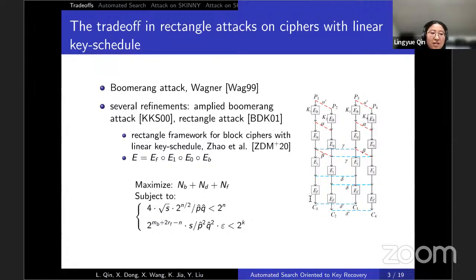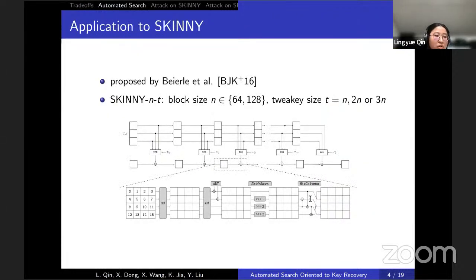We analyze the detailed factors of Zhao et al.'s rectangle framework for block ciphers with linear key schedule and give a new automatic MILP model. The model is applied to Skinny, which follows an SPN structure and a tweakey framework. The family of Skinny has 6 main versions.